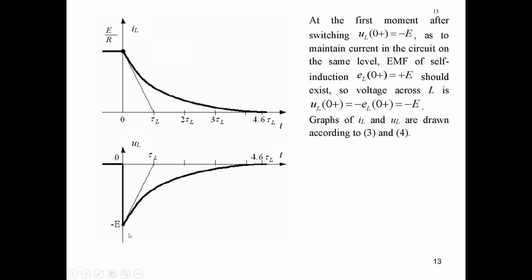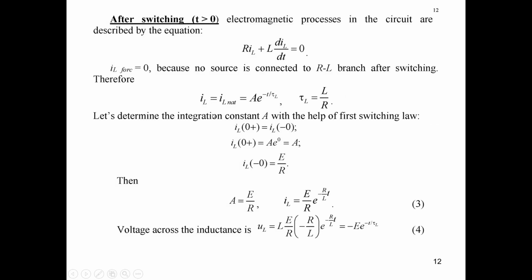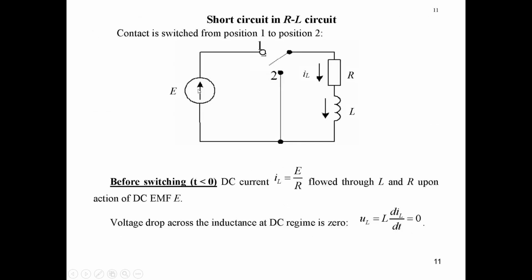And why, physically, did it change so steeply? Because it was necessary to retain the same value of current when the source was abruptly disconnected from this branch.